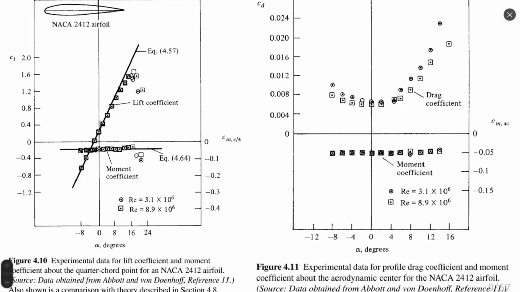Here we might find some examples. They are related to the NACA 2412 airfoil. It's an old airfoil, a cambered one, not symmetric, of course. You can find the experimental distribution of lift coefficient on the left side, and the experimental distribution of momentum coefficient also on the left side.